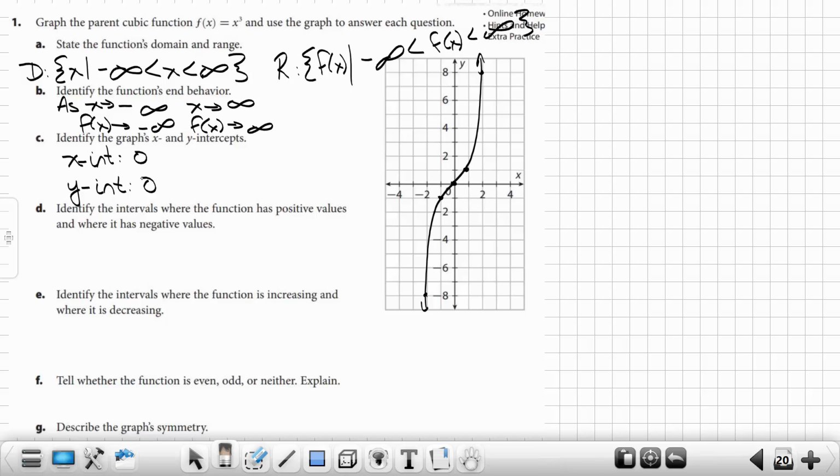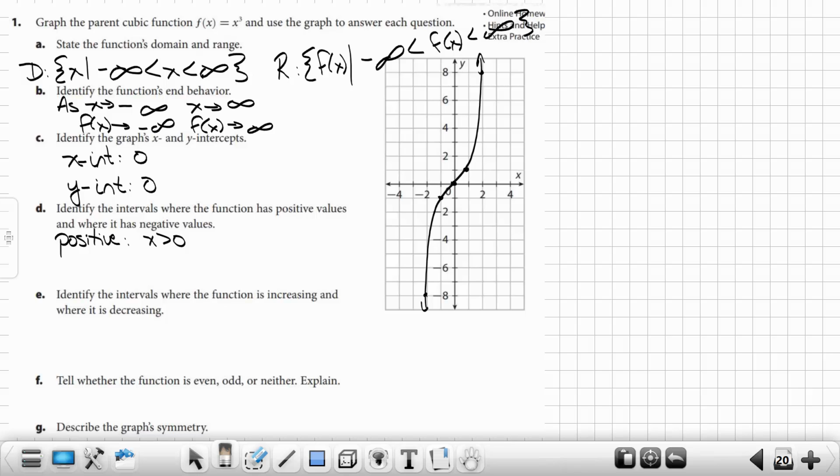Identify where the function is positive and where the function is negative. Now, notice it says identify the intervals. So you need to give me an interval. When is this function positive? Josiah? When x is greater than 0. When x is greater than 0, the function's positive.